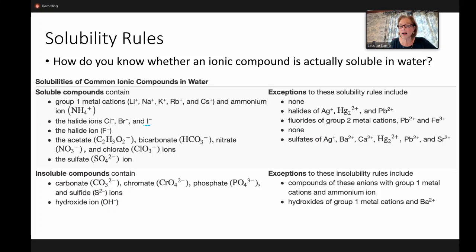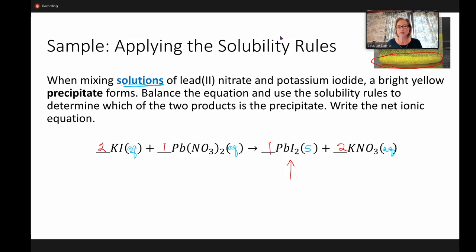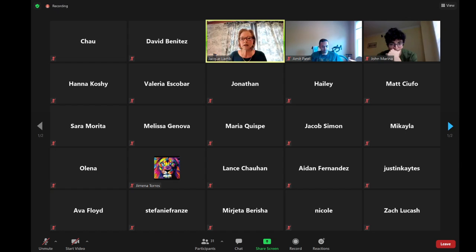So this bright yellow precipitate that you see up here is lead iodide. That's basically how you would apply the solubility rules. We're going to talk more about different reaction types, but this is called a double displacement reaction. Okay, so we cross them out if they're soluble.